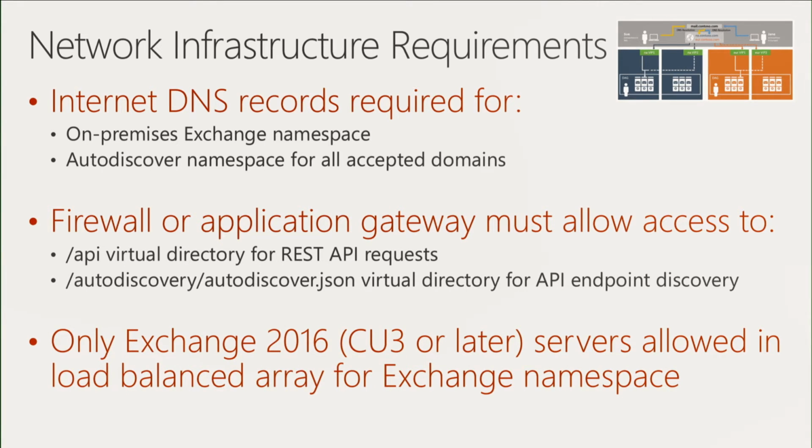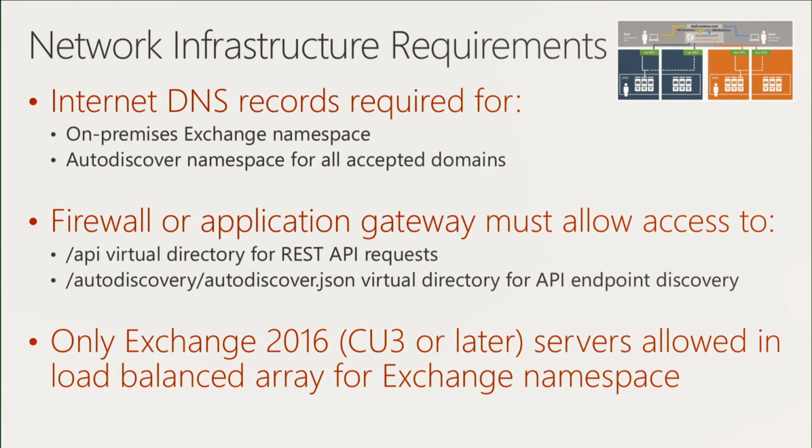And one other important thing to keep in mind is when the REST API request lands in the on-premises environment, it first will go to the CAFE role, the client access front-end role, and then the client access front-end role looks at the request and has logic to route it to the right mailbox. For it to do this, the CAFE server must be aware of the REST API protocol.